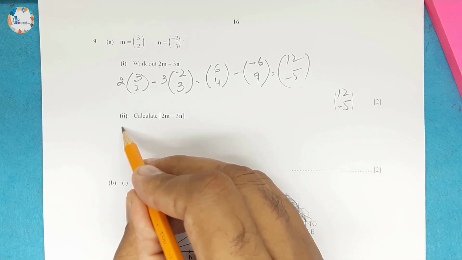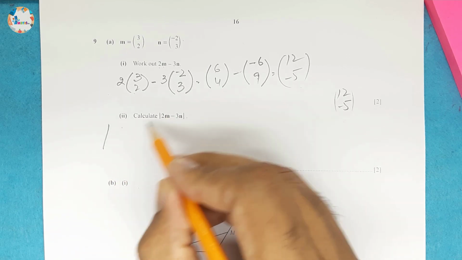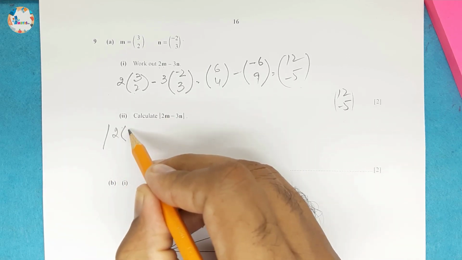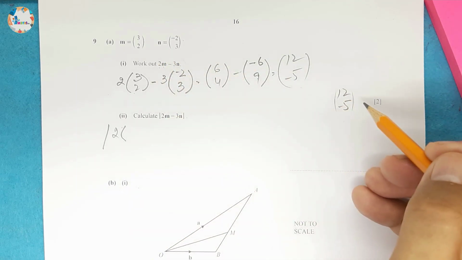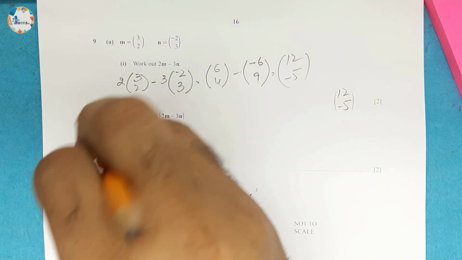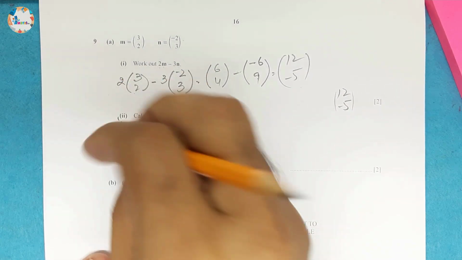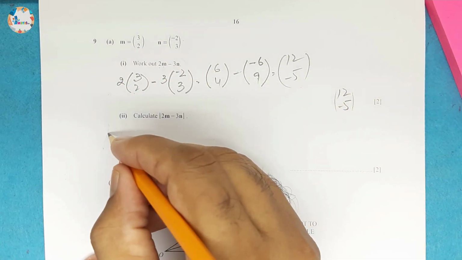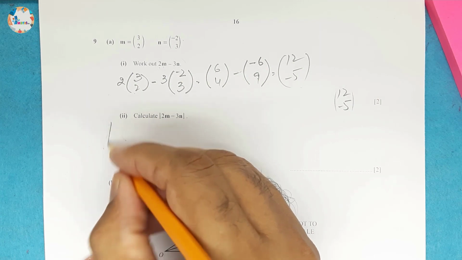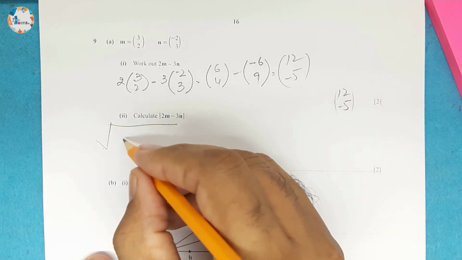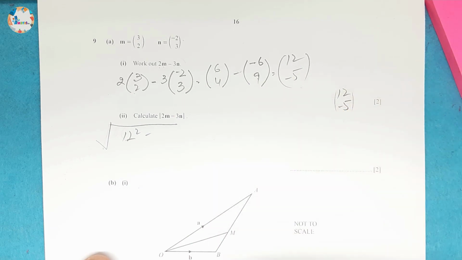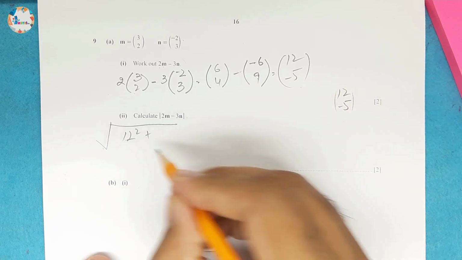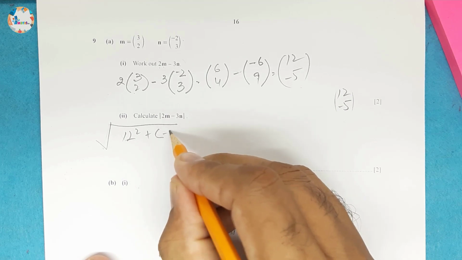First, mod of 2m minus 3n, which we have already calculated, which is this one. So we can directly apply the formula to calculate the mod of this. The mod will be the square root of the x value squared, which is 12 squared, plus the negative value squared, so minus 5 squared.